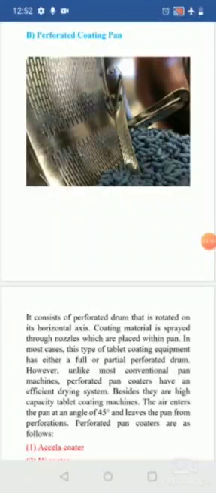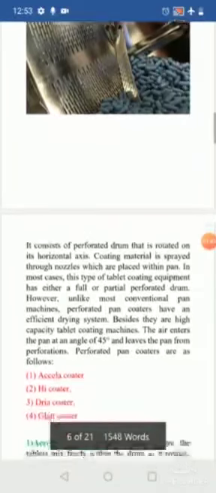Okay, so these perforated pan coaters have an efficient drying system, because the drying is fast when compared to conventional coating pans. It contains a larger surface area for the removal of air, because it contains more perforations for the air outlet or air exhaustion.